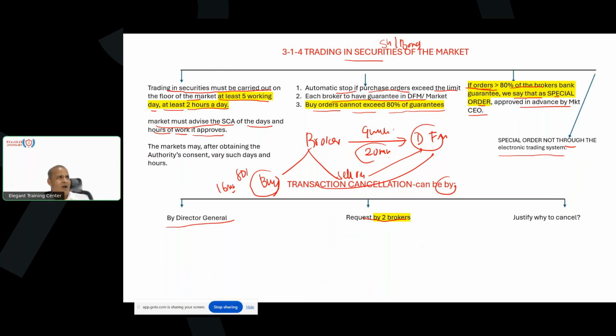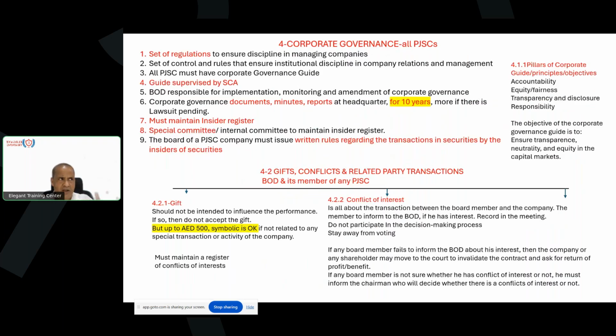I can have accounts with many brokers. Clear? Next, justify why to cancel. If a broker is requesting transaction cancellation, he has to justify why he is cancelling. Clear?